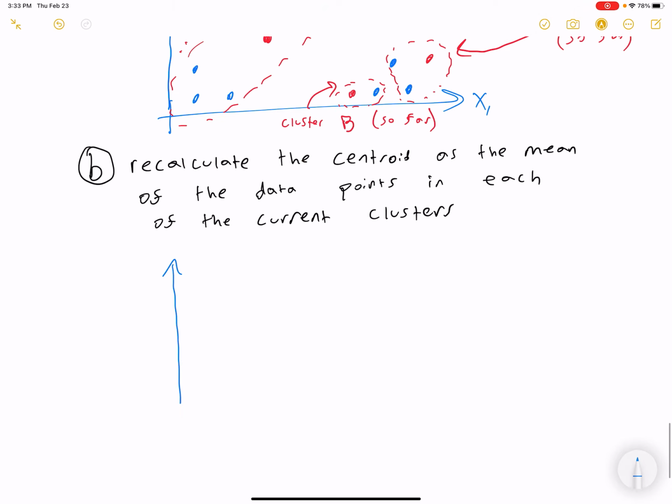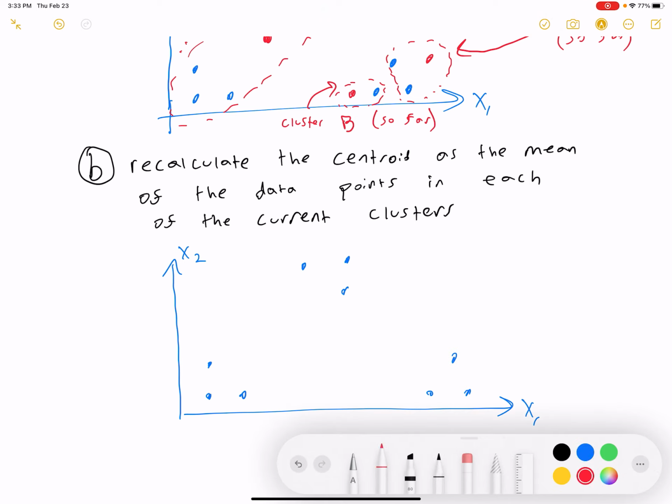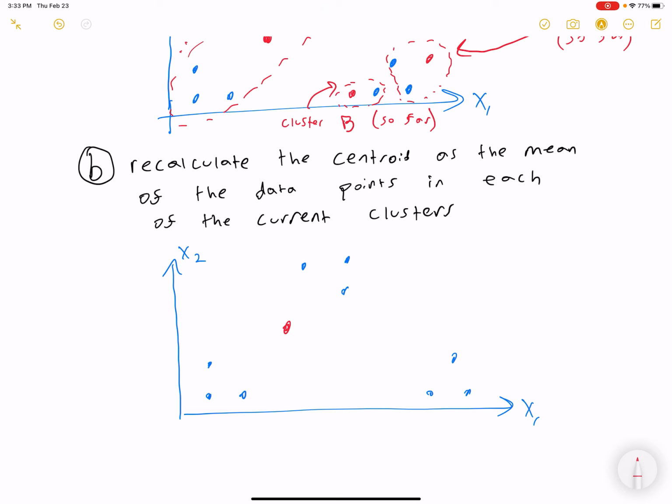Drawing the points again, and the centroids are in the same place. So this centroid stays the same because it happened to be initialized right in the mean.